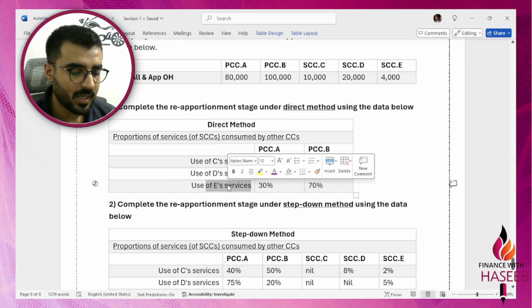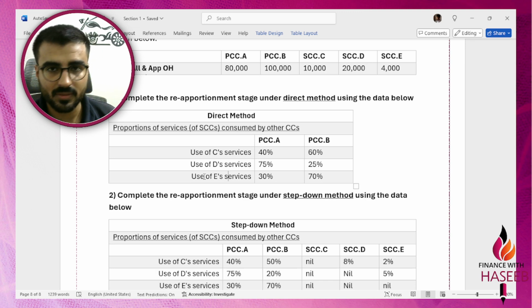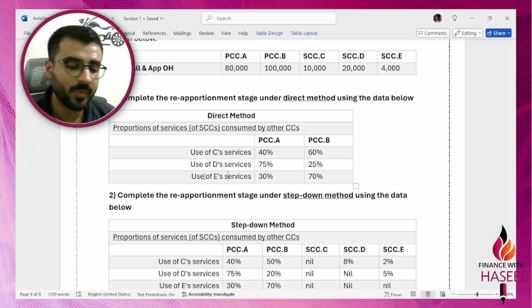Of course, service cost centers C, D and E are not used by any other service cost center; they are only used by production cost centers.